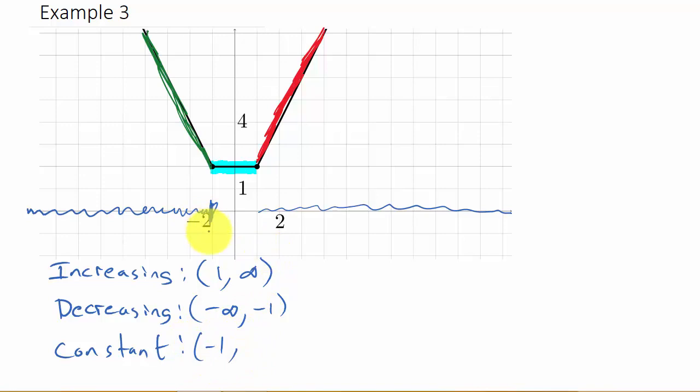And I know this -2 might look like it's right here, but the -2 is actually here. It should be moved over just a little bit. This is actually x value of -1 here. Okay, so it starts at -1 and it's constant, still constant, and then it stops being constant here at this x value of 1. And so there's your answer to that one.